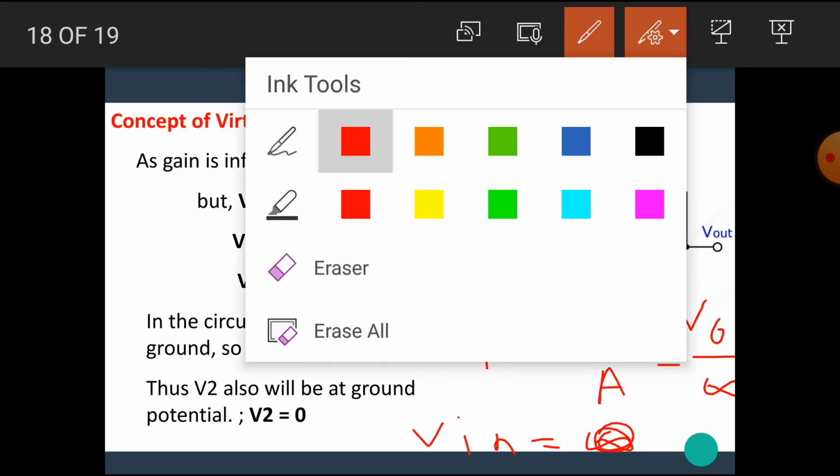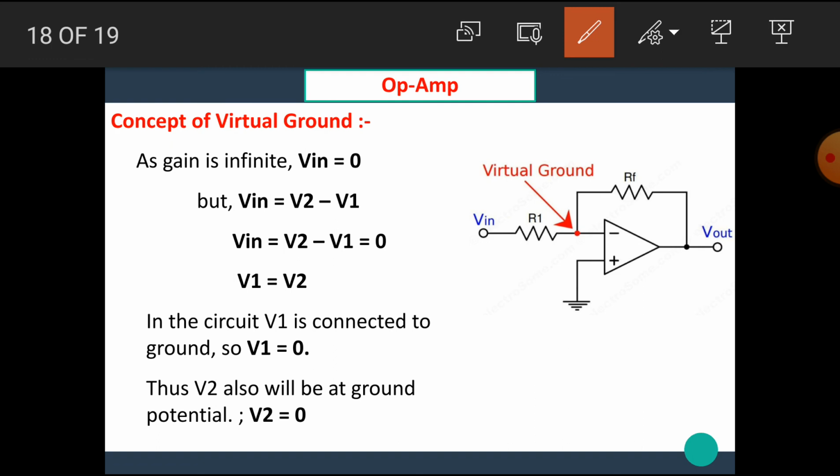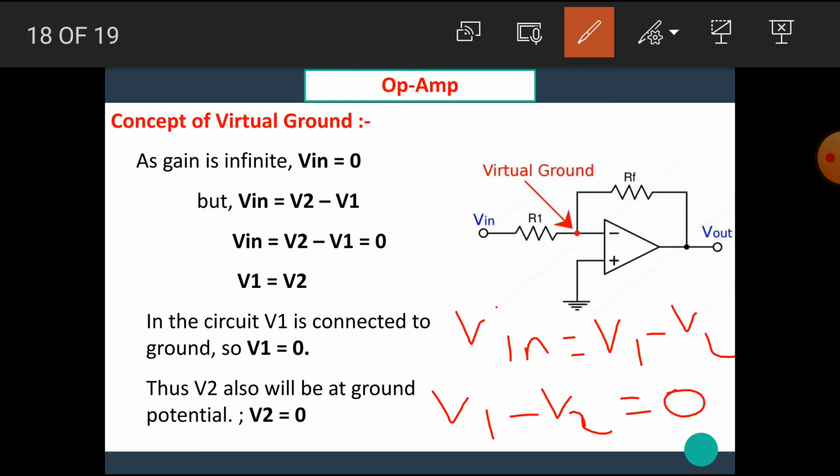The value of V in is 0, but V in is equal to V1 minus V2. Therefore, V1 minus V2 is equal to 0 because V in has the value 0. Due to this, we get V1 equal to V2.